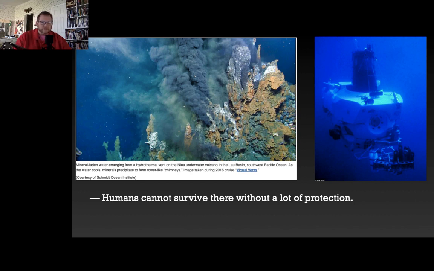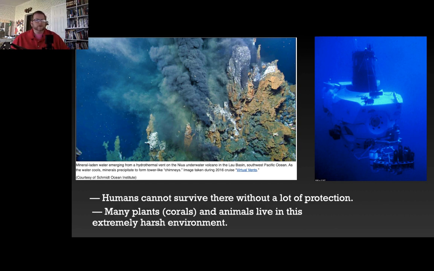So there's a lot of protection going on here, and this is the only way that we can get close enough to get pictures like this of the hydrothermal vents. Many plants, corals, animals live in these extremely harsh conditions. And we never thought 20 years ago that was possible. Now we know it is.